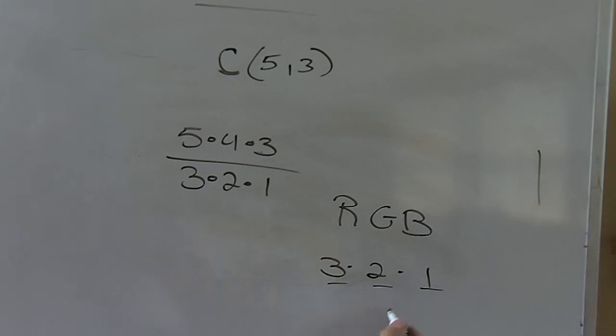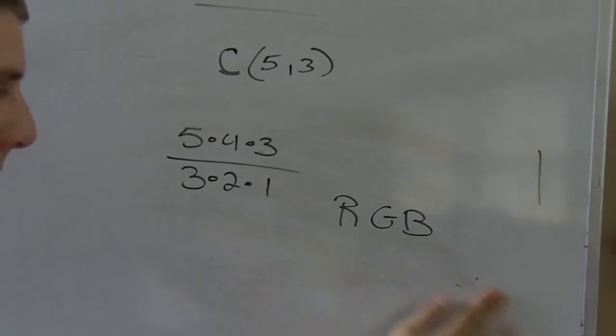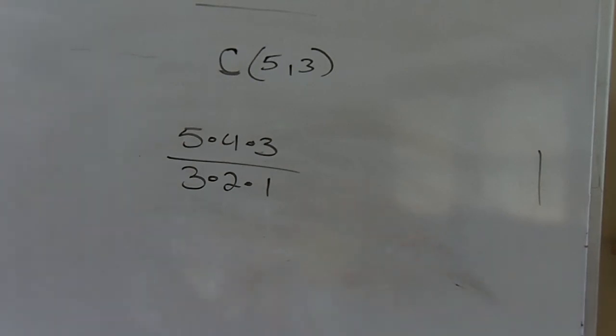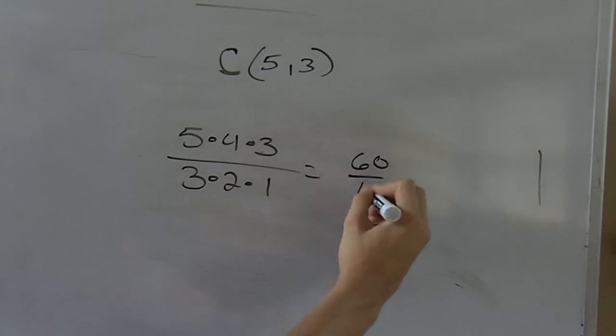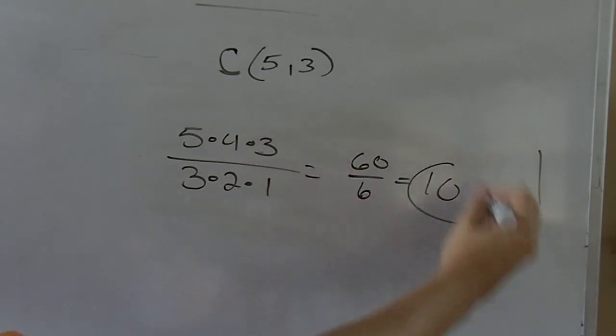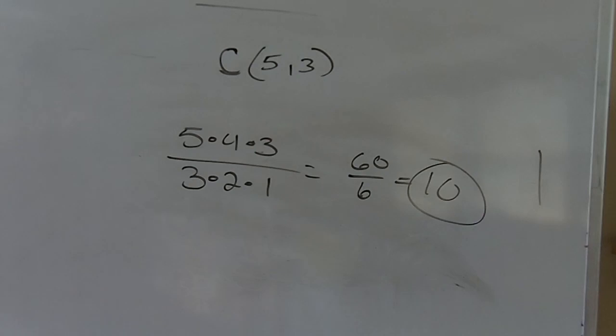Multiply them together, you get all the different possible outcomes for a group of 3. Multiply it out, you get 60 on top, 6 on bottom. And you find out that there are 10 different combinations for 5 things taken 3 at a time.